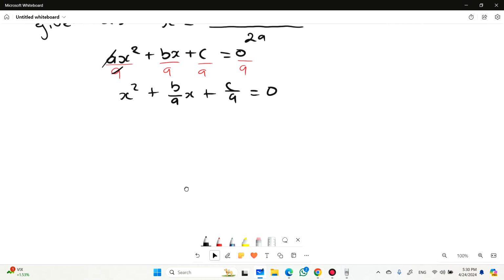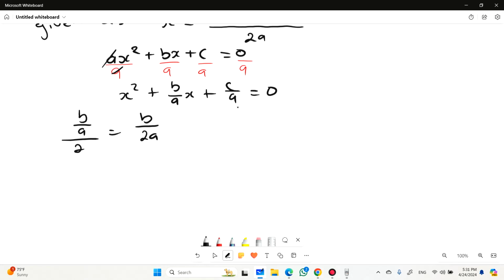Now the next step is you're going to divide the coefficient of x by 2. So when you divide b over a by 2, you should get b over 2a. I'm hoping that you know how to rationalize, because here you need to be able to rationalize to get that to b over 2a.